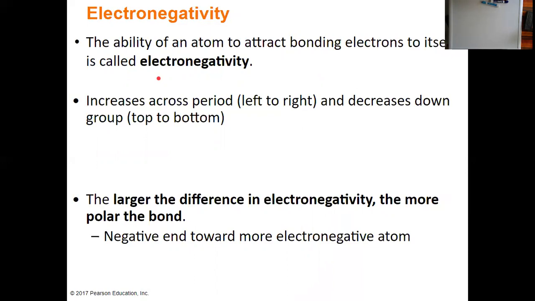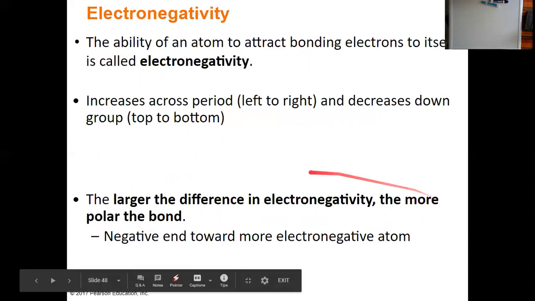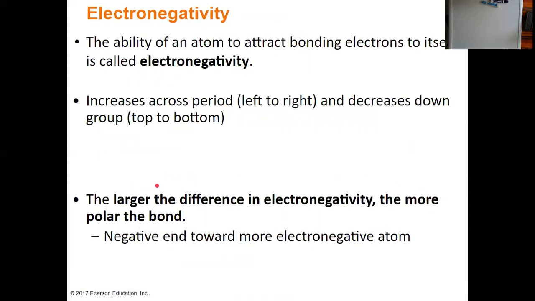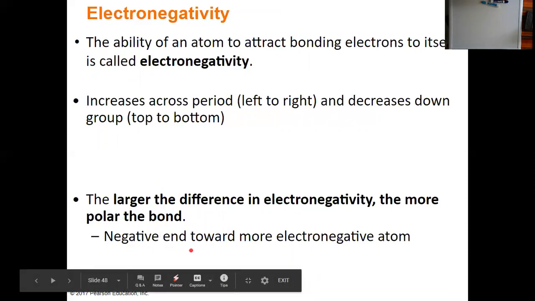And the smaller the atom is, the more that charge is going to affect it. So something really small and really electronegative like fluorine is going to pull very hard on electrons. The bigger the difference in electronegativity between two things, the more polar your bond is going to be. And the negative end is always going to be toward the more electronegative atom.